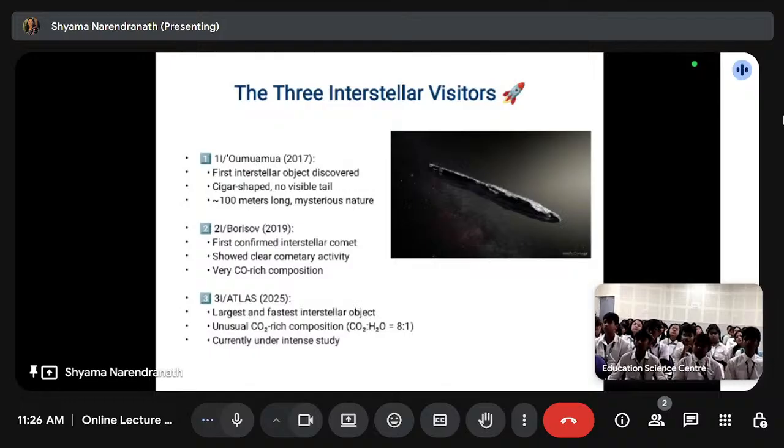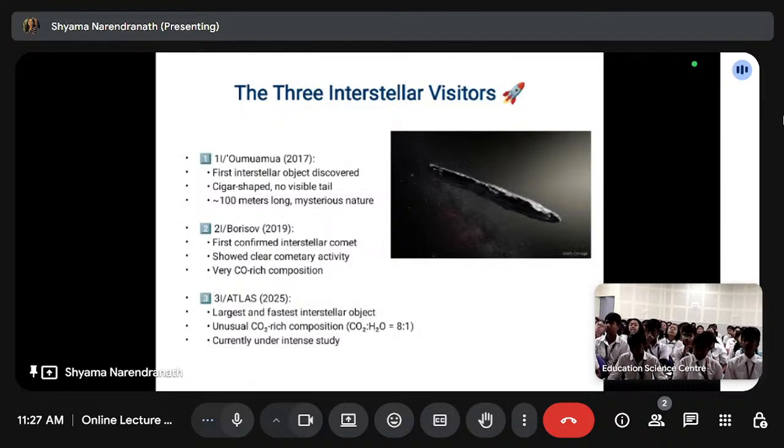There were two more such interstellar comets before this. 'Oumuamua, which is a very cute name, I guess. It's cigar shaped. What you see here is just an artist's drawing, but it has no visible tail, and the shape is very odd. It's only about 100 meters long, so it's very, very small.